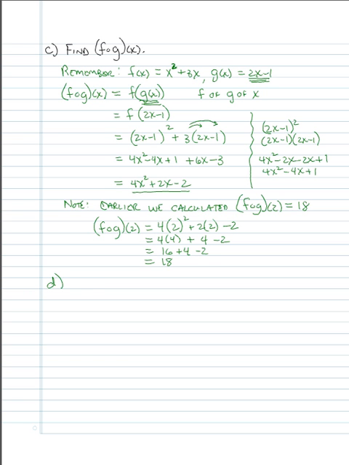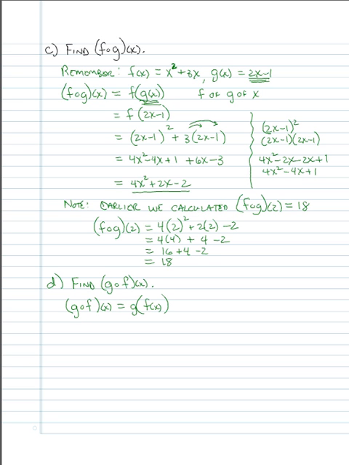Now, notice also, let's find g compose f of x this time. So the rule for the new function g compose f. So we go about it in a very similar fashion. First, we have to understand the process, and the process is that we find f of x first, and then we put that result into g.